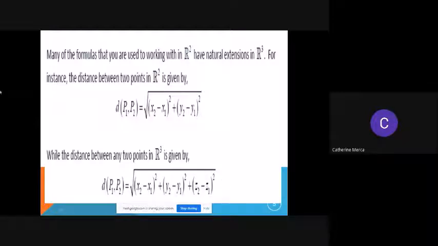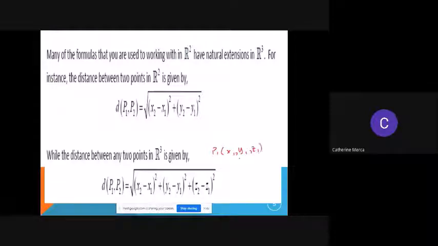Remember, your P sub 1 now has coordinates x sub 1, y sub 1, z sub 1.